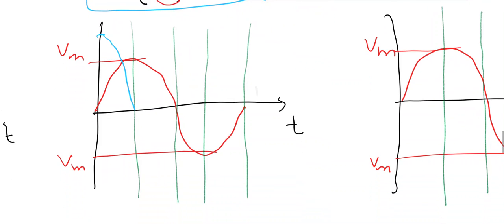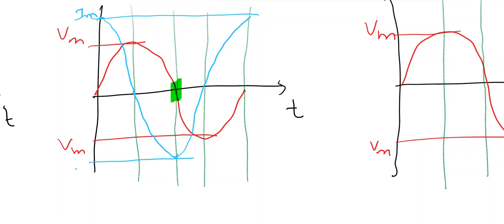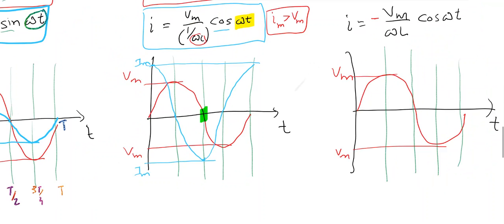Okay, and when voltage is 0, that is here, current should reach its maximum value, and so on. So this is the Im, maximum value of current for the capacitive circuit, and this is how current varies.